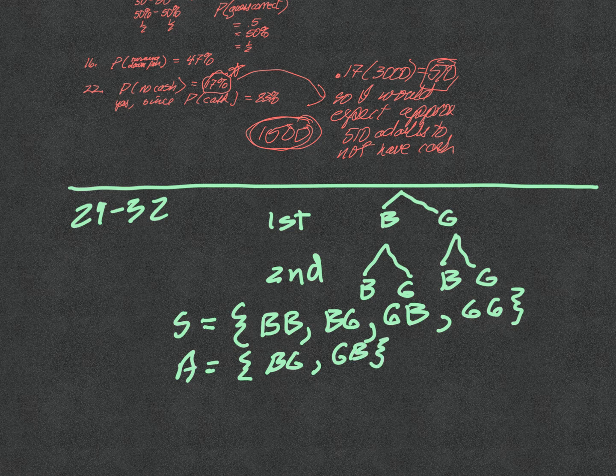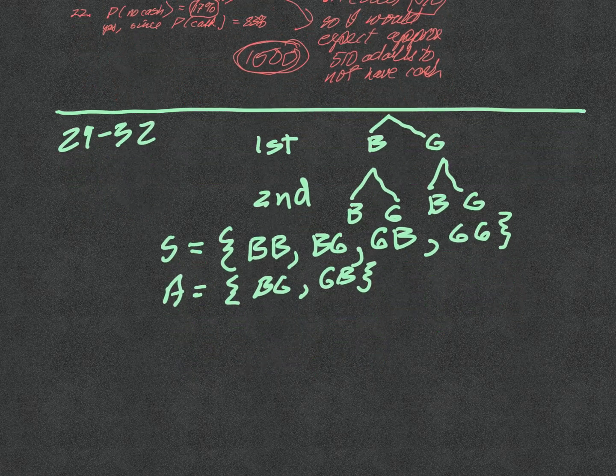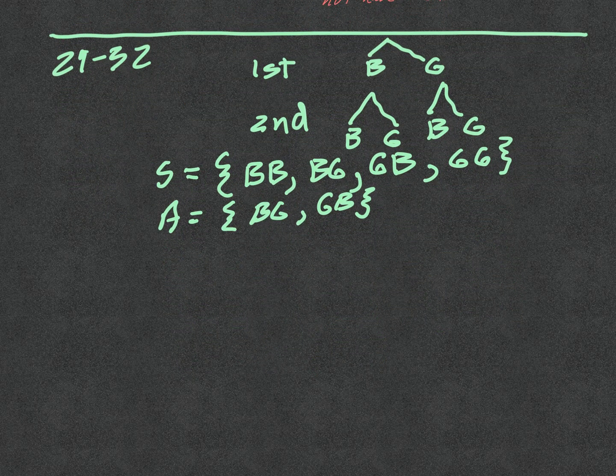Now, this way of thinking about setting up probability problems is really good using the tree diagram, because then we can find the probabilities of the outcomes as well. If you think about it, there's a 50% or a 1/2 probability for having a boy or a girl at any specific time.